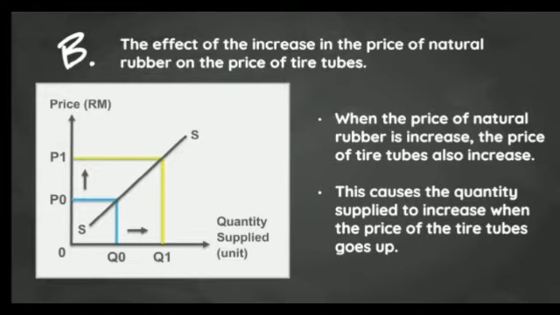Based on the diagram, at the price of P0, the quantity supplied is Q0. When the price of tire tube increases from P0 to P1, then the quantity supplied will increase from Q0 to Q1.